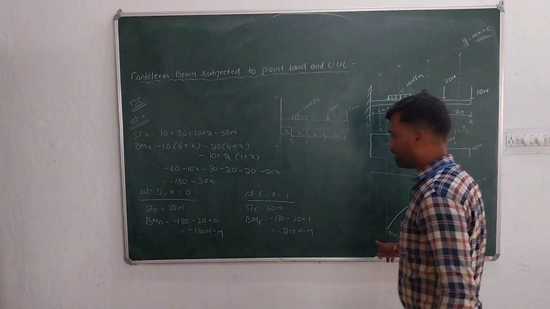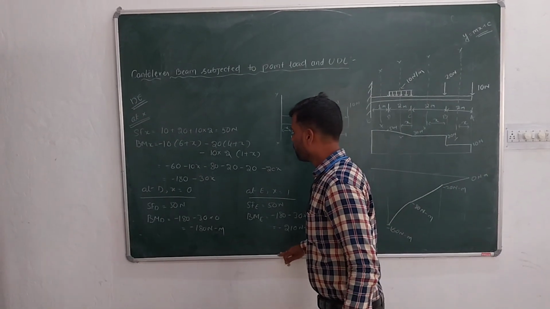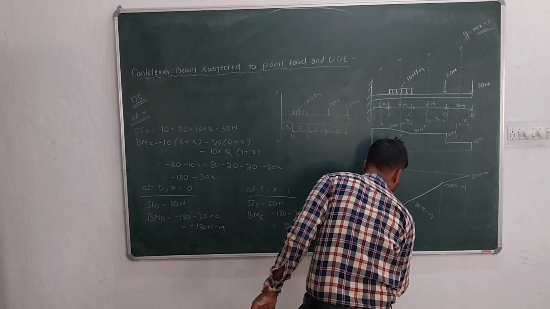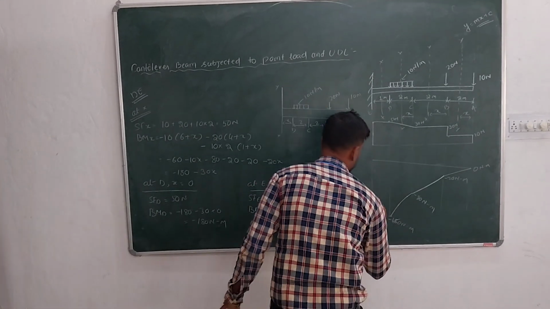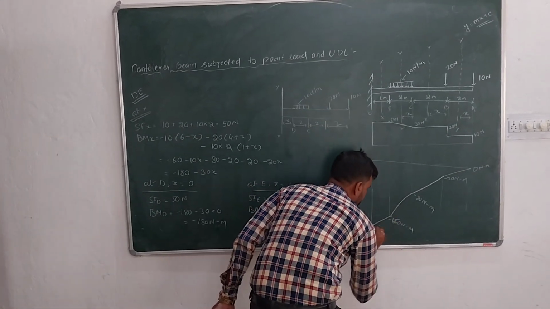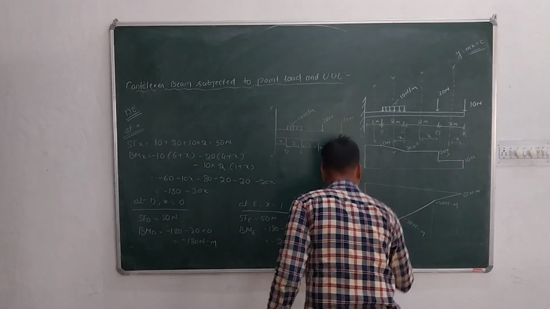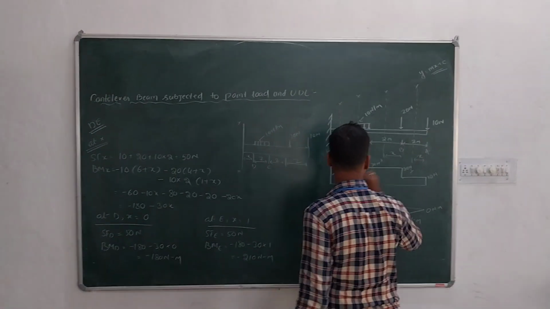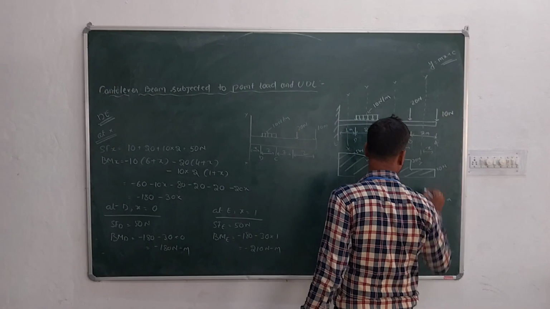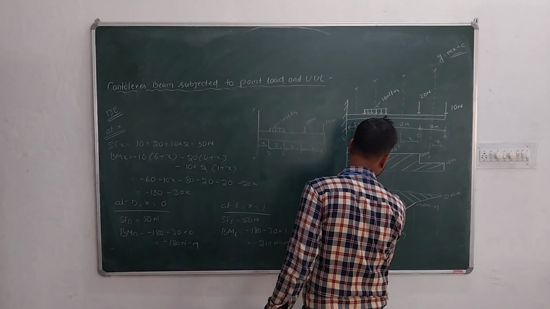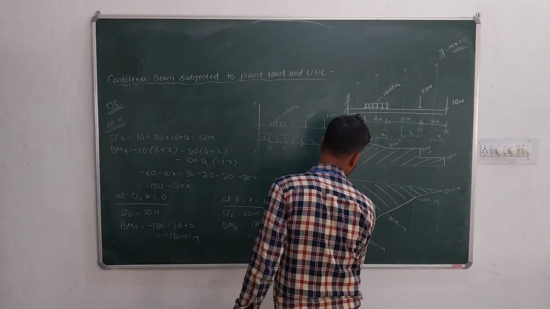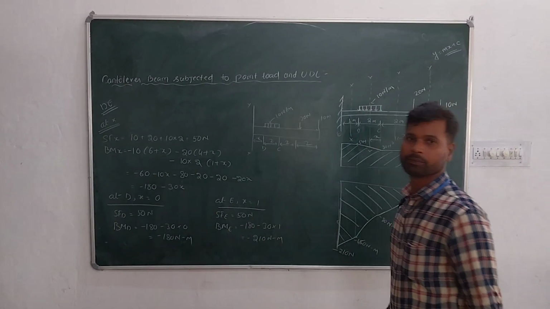Here it is minus 180 and here it is minus 210. Now this is the shear force diagram and this is the bending moment diagram.